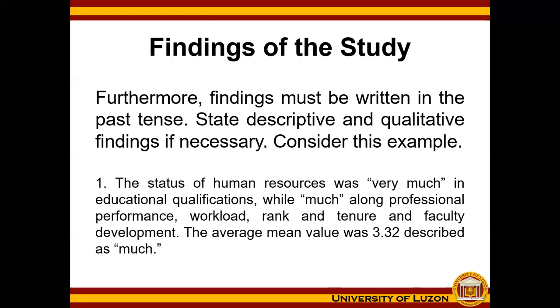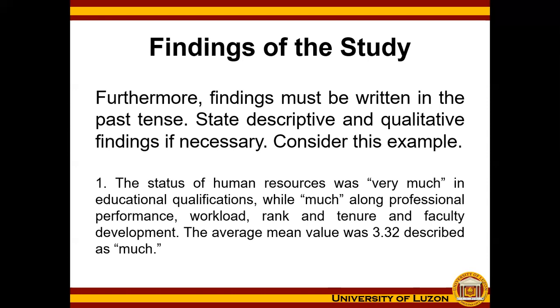So you will need to state descriptive and qualitative findings if necessary, and it is important that we be guided by this in the writing of your findings of the study.